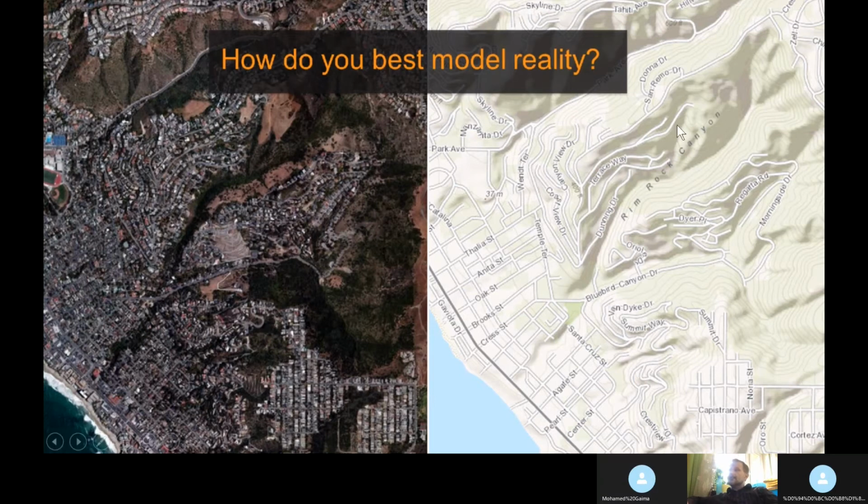On the other hand, a map gives us simplified information on the environment.